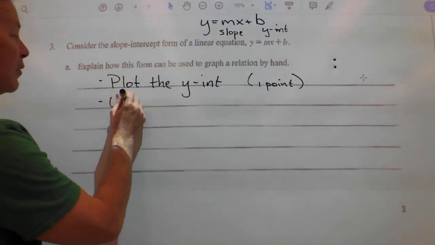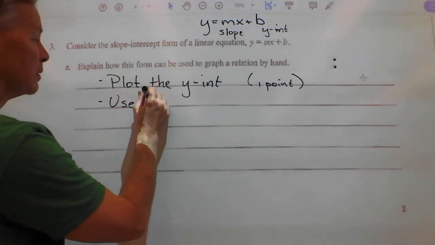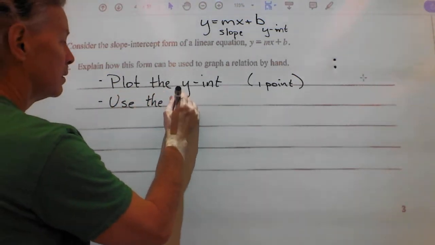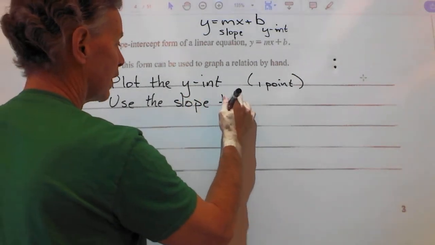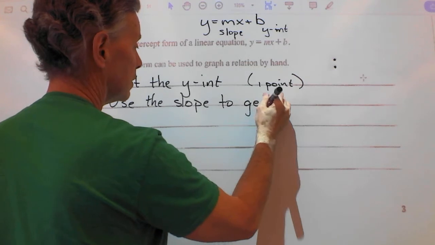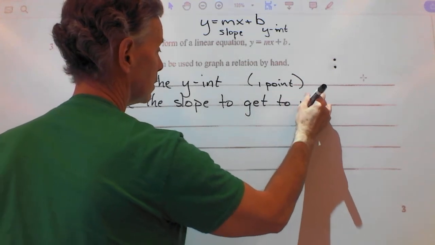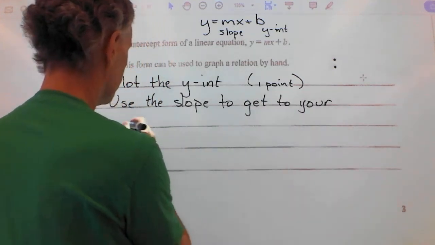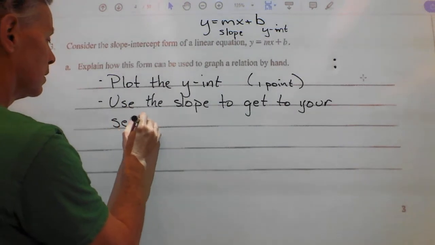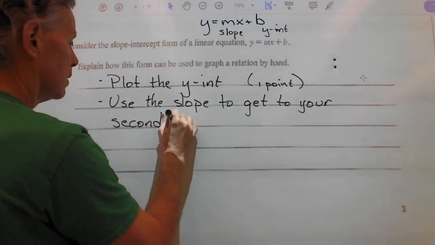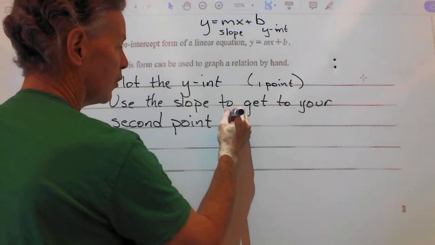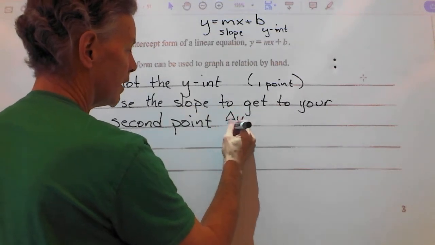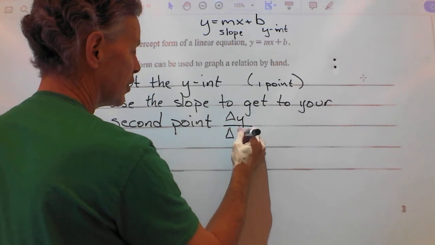And then use the slope to get to your second point. Remembering that the slope is the change in y over the change in x.